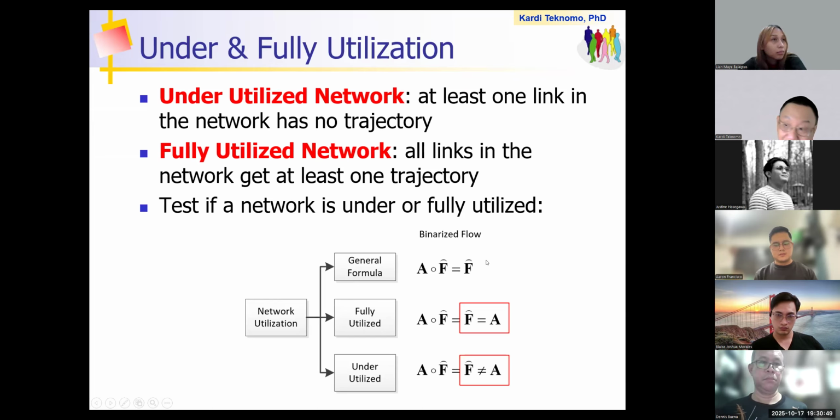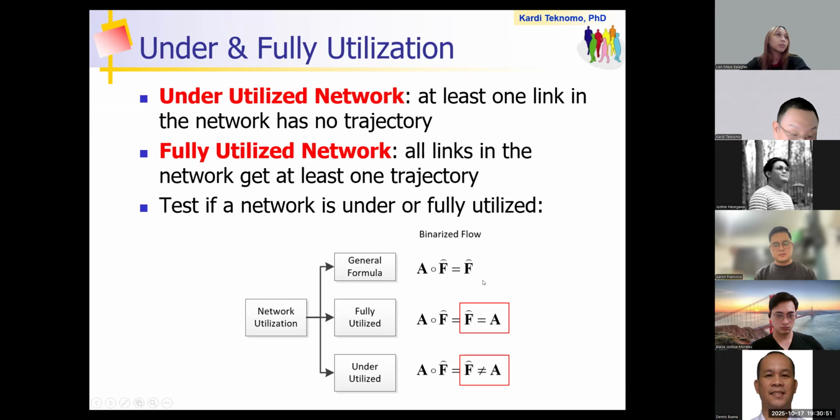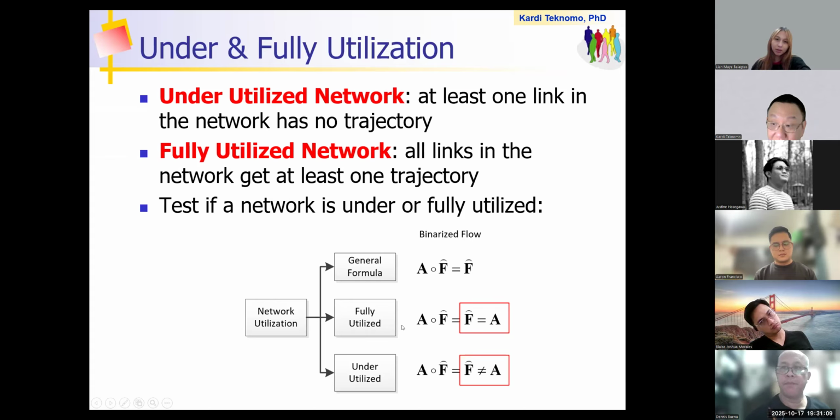F cup means binarized. So this is just a simple identity. But when it is fully utilized, you will get this formula: A multiplied by F, where A is the adjacency matrix and F is the binarized flow matrix, gives back the binarized flow matrix, which is the same as the adjacency matrix, if fully utilized.